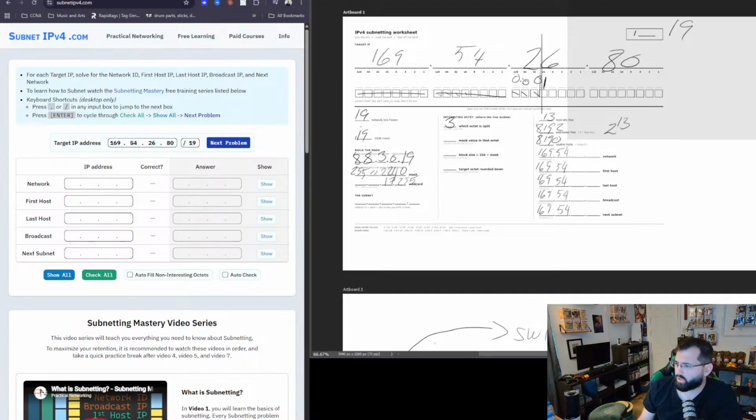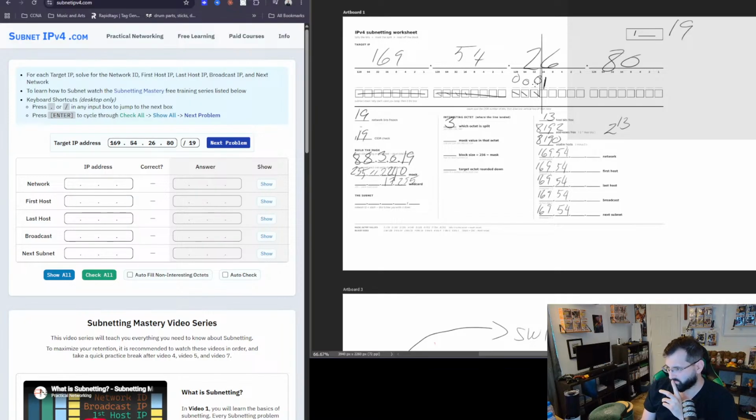No. He put one right here. So the host would be 32. But that doesn't make any sense. The host can't be 32 because we have 26. Did I miscount again? 16, 17, 18, 19.